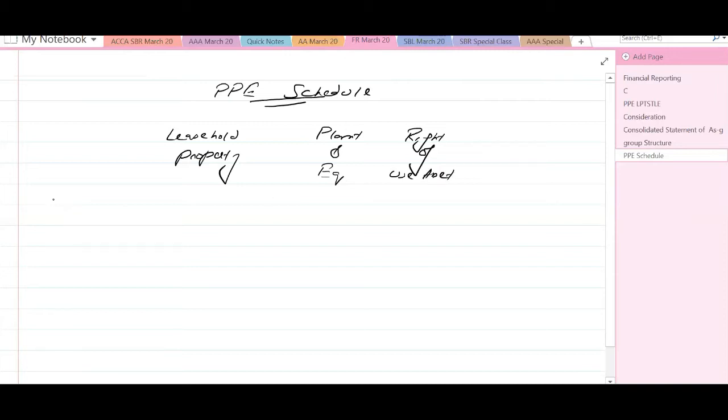So first of all, we are going to take the cost and then accumulated depreciation, and then it is going to give us the carrying value. So already for the leasehold property, we have the carrying value, which is 25,200.